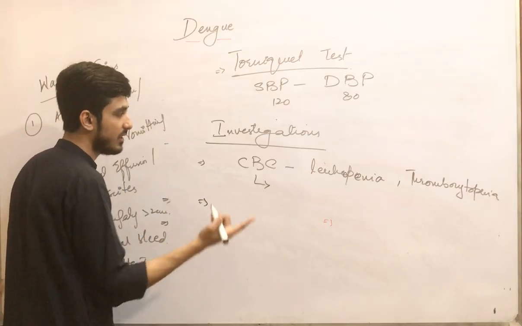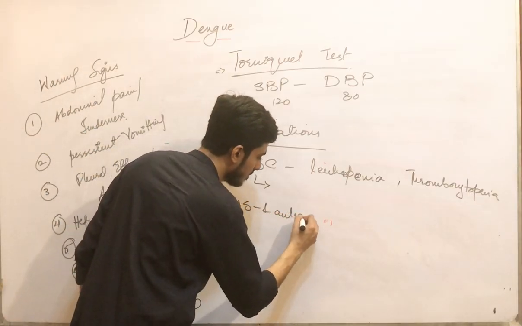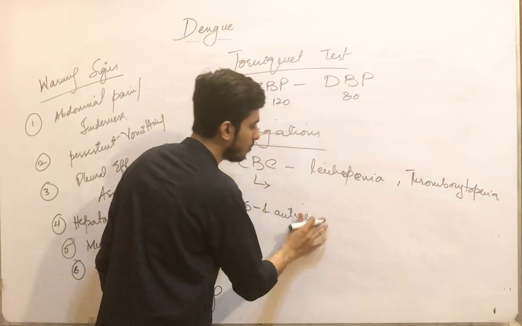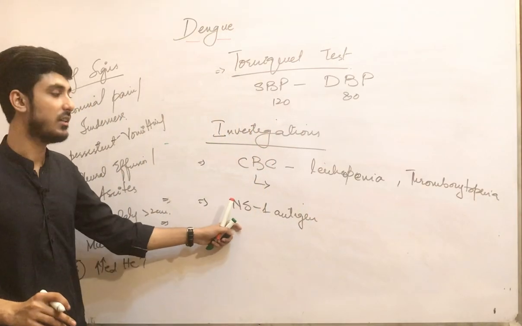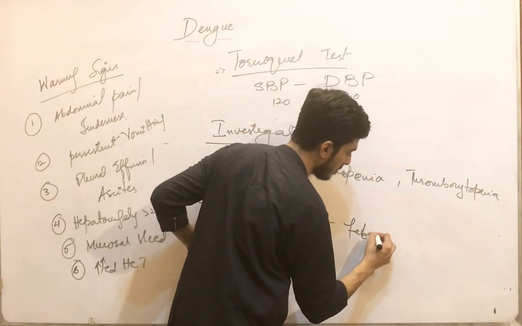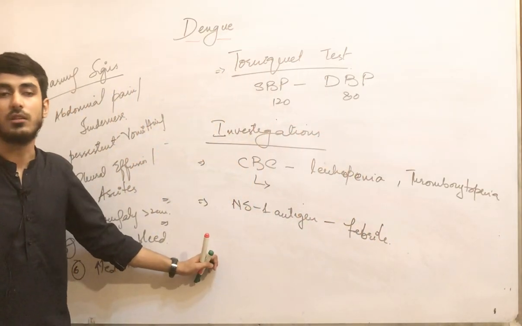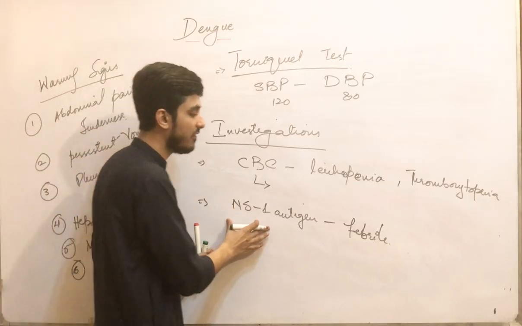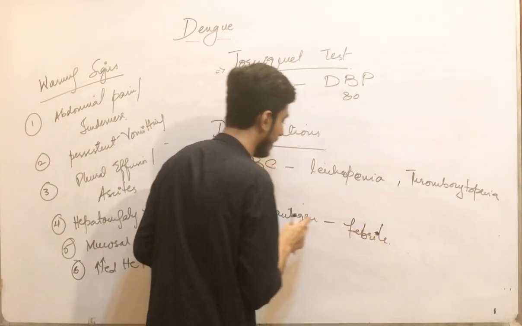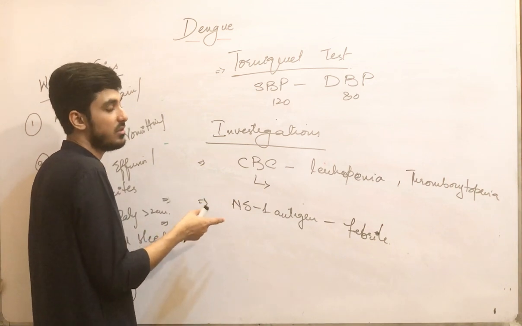Then a very specific test for dengue is the dengue NS1 antigen. But the important thing to know is that this must be carried out in the febrile phase, in the 7 days in which the patient has developed the fever. In that phase the dengue NS1 antigen is very reliable. After that, it can be falsely negative.